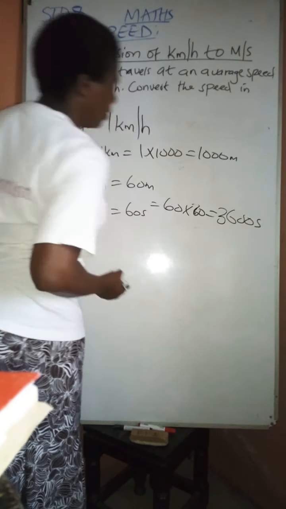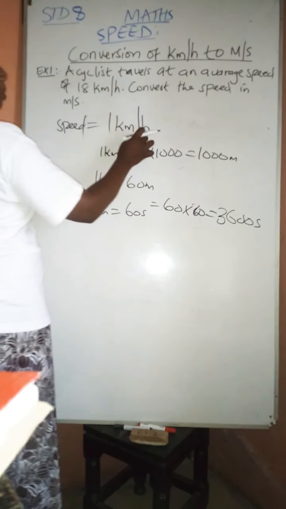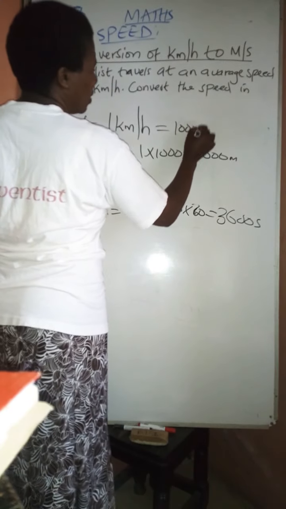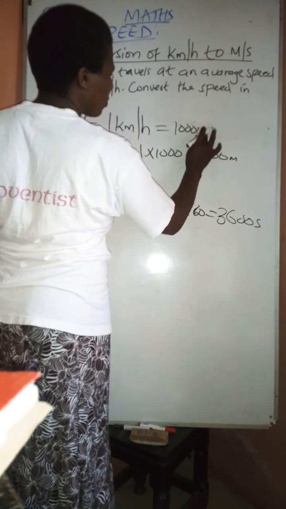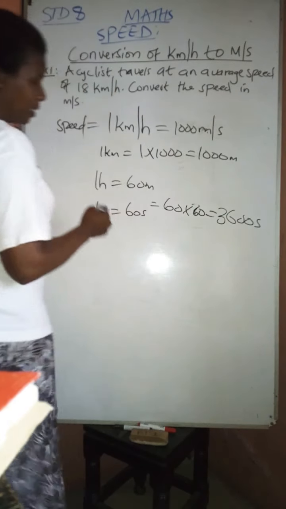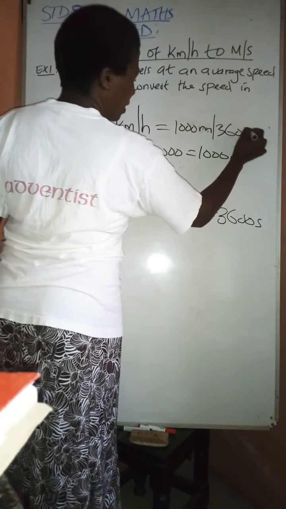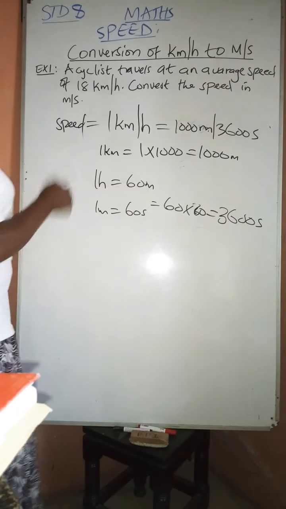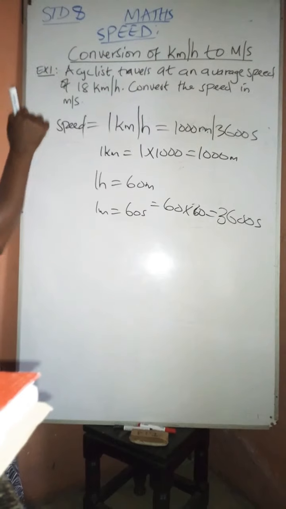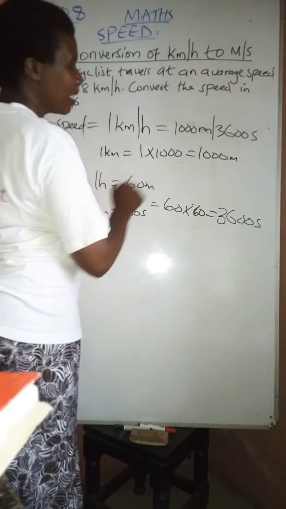which gives us 3,600 seconds. So when my speed is 1 kilometer per hour, it is the same as 1,000 meters per 3,600 seconds. This means that for every 1,000 meters I travel, I spend 3,600 seconds.